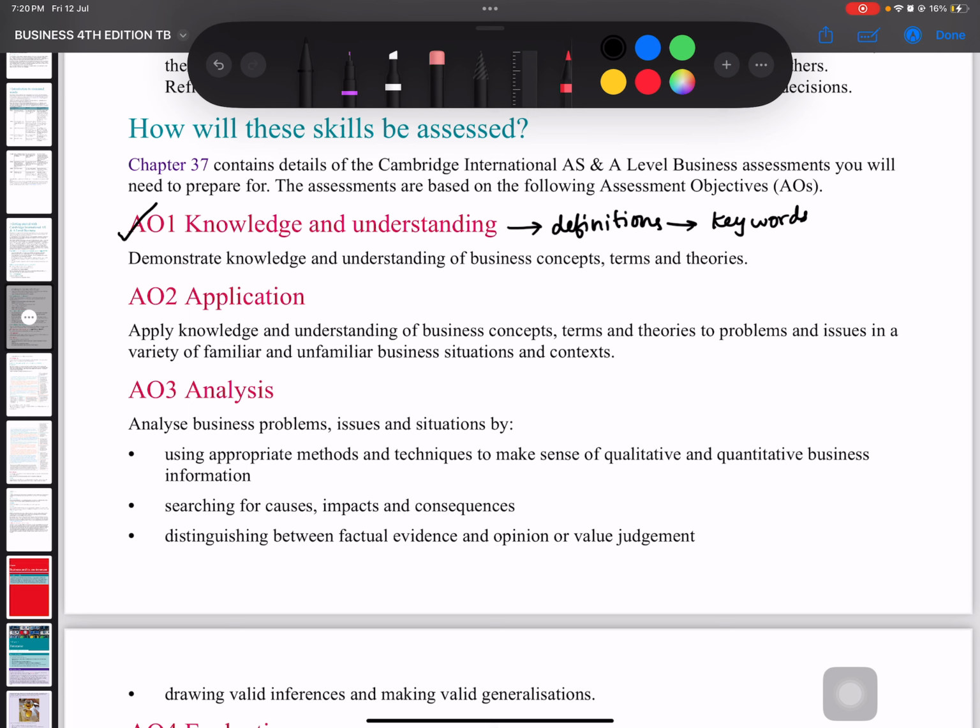The second part is application. That is basically examples. Only for paper 1 you get real world examples, whereas for paper 2, 3 and paper 4, you give the examples from the case study. But you don't want to directly quote full sentences from the case study.